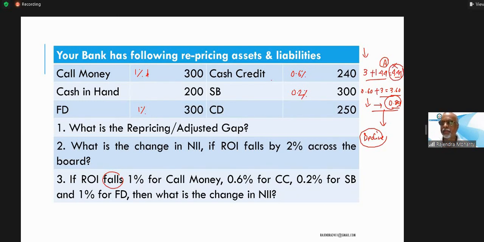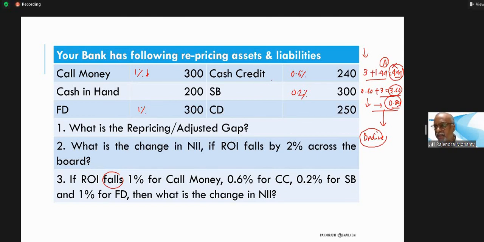But here 3.6 we are paying less to our depositors. But on the earning side, the fall is more than the saving side. Here we are saving 360, but the receipt of the income which was supposed to come is less by 424. So that's why this 0.84 is the decline.